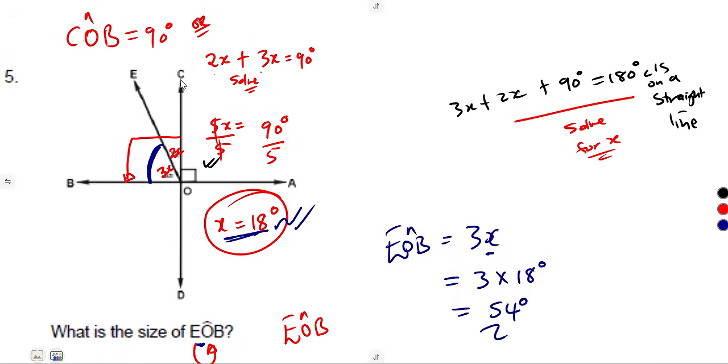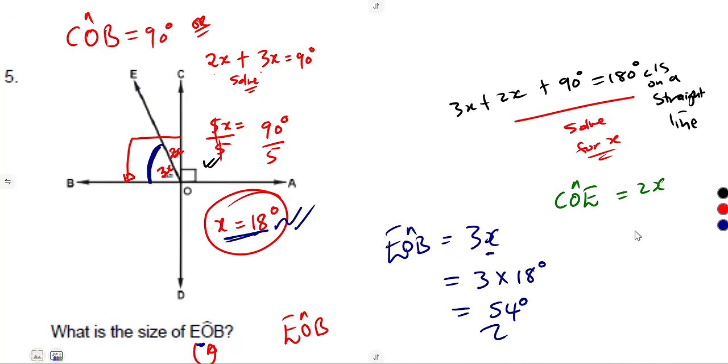They can also ask you to find COE, from C to O to E. If it was like that, let's say they want you to calculate that COE, it is given as 2x. That is what we have.